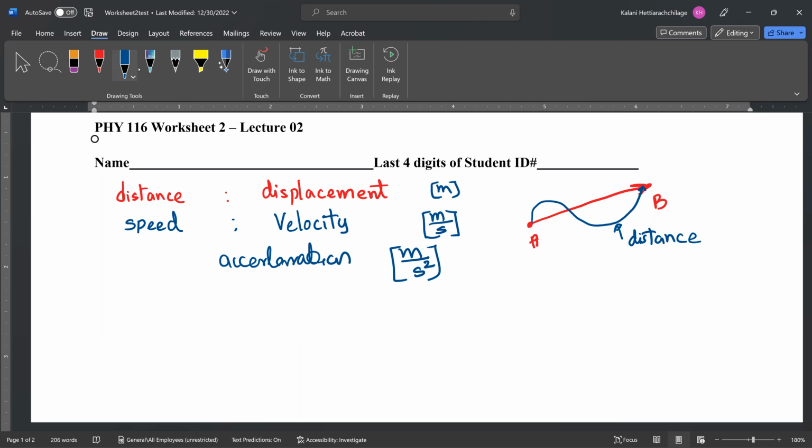Average means, as a simple example, if you need to find the average of the velocity from V1 to V2, you know that you need to add them and divide by 2. That's basically called the average velocity, right? And if you need to calculate the average acceleration, it will be done the same way. But instantaneous means you are measuring the velocity or the acceleration at that particular time.